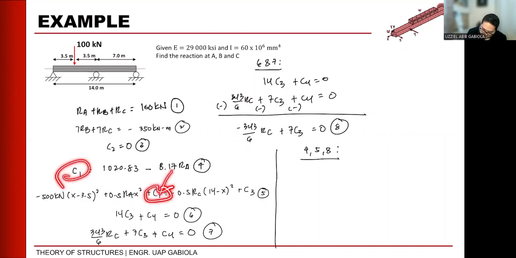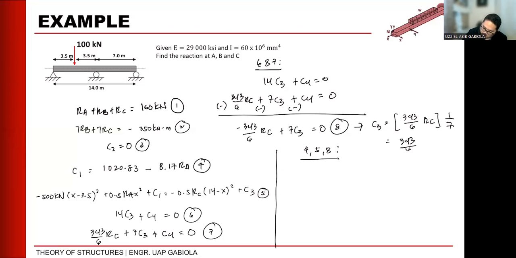And then si C3 na value, substitute natin dito para makuha natin yung RC. Okay? So ito pag in terms ni C3, that will be 343 over 6 RC tapos divided by 7. Okay? Or gawin natin over 42 na lang. Or C3, 343 over 42 RC. Okay? So this will be negative 50 x minus 3.5 squared plus 0.5 RA x squared.